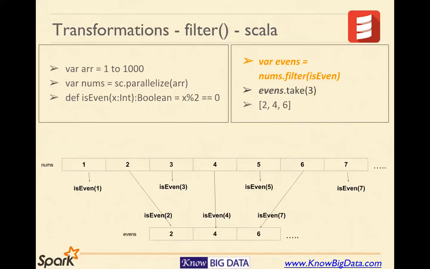In those cases, you could use something like filter. Filter means there is an RDD, and you want to remove certain records from it. You don't like certain records. So you will write a function, and you hand over this function, which basically is the sieve.